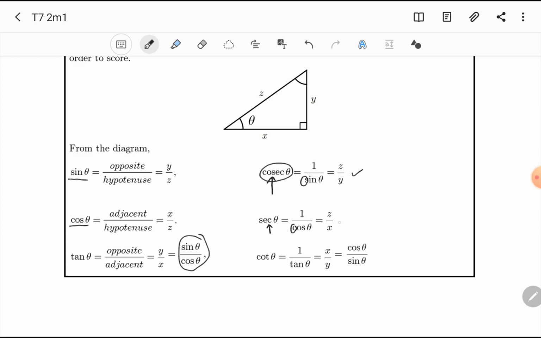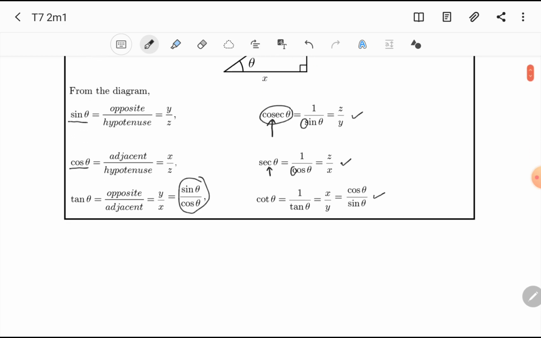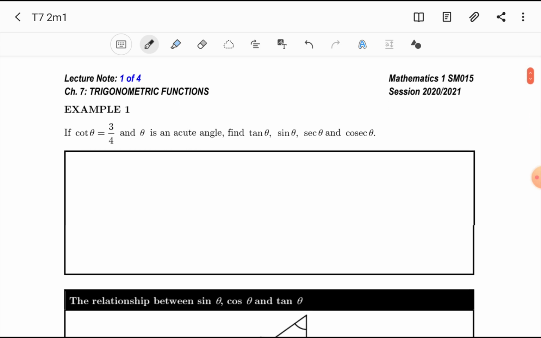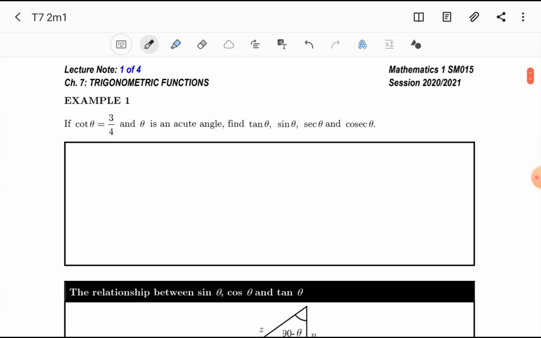Secant is z over x. And cotangent is 1 over tangent or cos over sine. So equals to x over y. Okay, so semua ni you all dah belajar masa secondary level. Okay, so we go directly to the example.